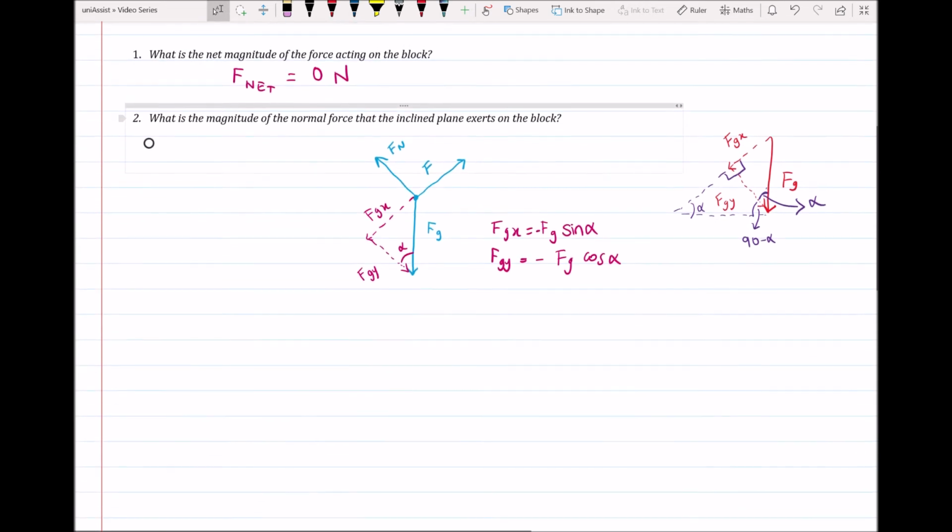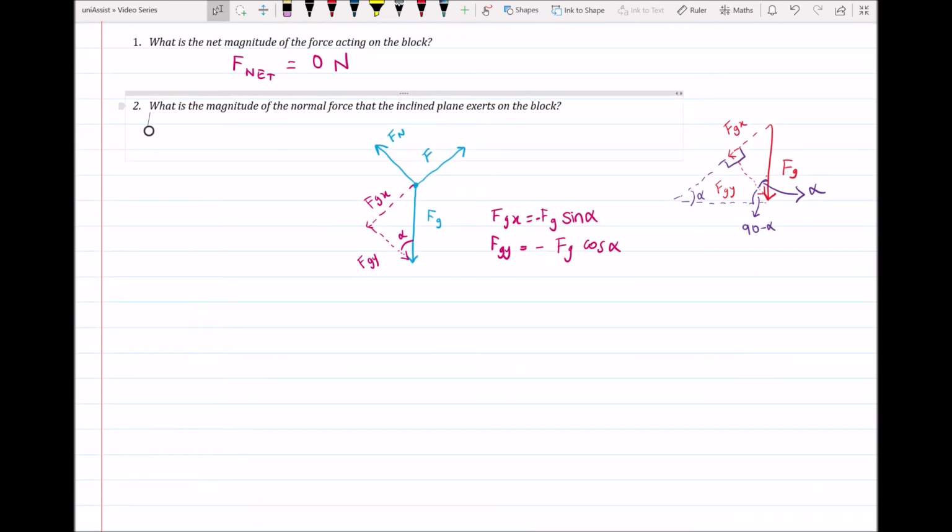So the magnitude of the normal force we can determine by looking at the total force in the y direction. So this is my sigma total force in the y direction, so what does that equal? We know that the block is not accelerating in the y direction, it's just sitting there. So that means that my total force in the y direction is equal to 0.